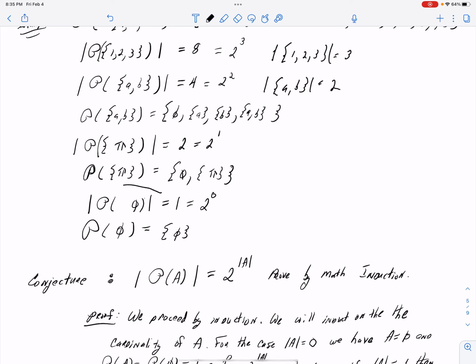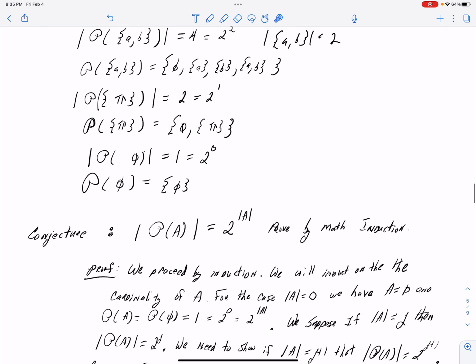Now let's think about the cardinality of the power set of the null set. What is that? The set of all subsets? Well, so what are the subsets of the null set? And the answer is there's only one.